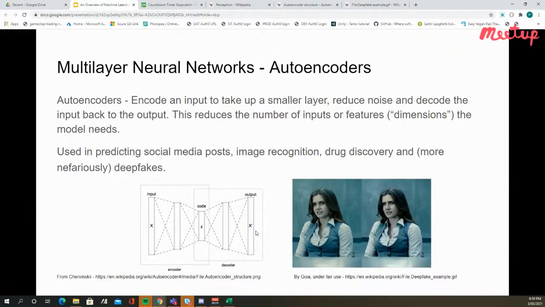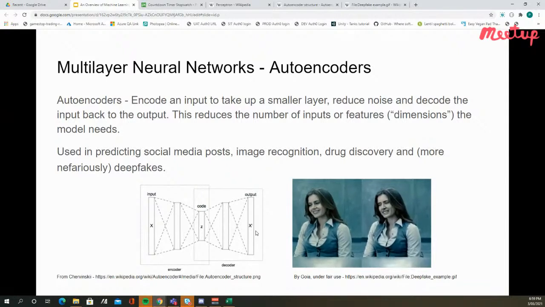Another example, allied to this although a lot simpler, is the concept of autoencoders. Autoencoders take an image, or an input of some description, and encode it to take up a smaller layer and then reduce noise, and they make a simpler sort of image as a result, and then they decode the input back into the output again.